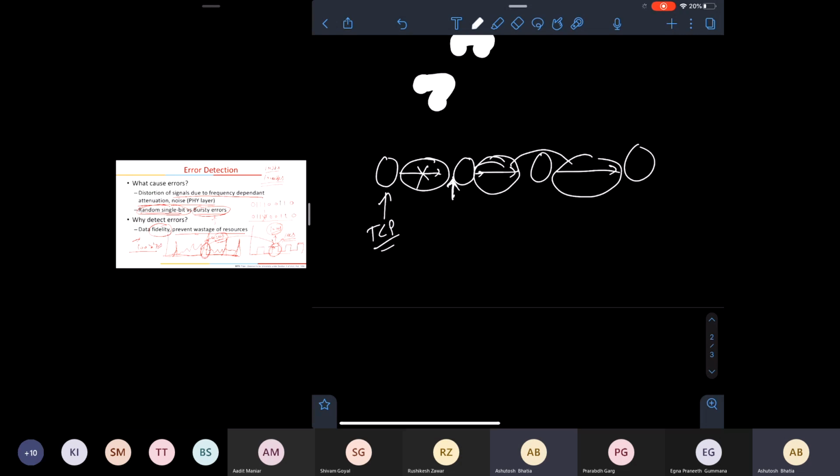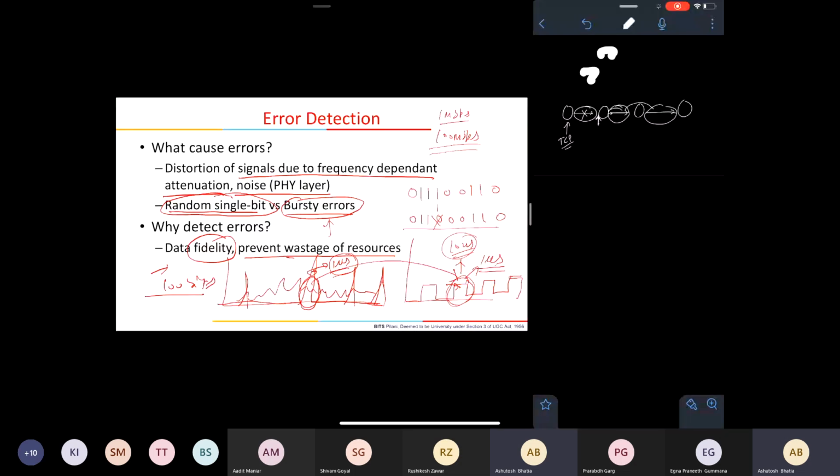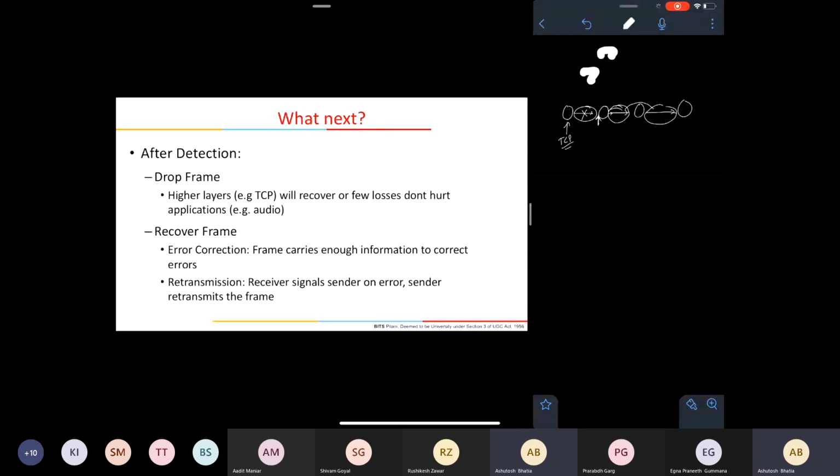So why transmit unnecessarily when you already know that this packet is in error? It also saves your resources. So two reasons: one is that you really want it to be correct, but at the same time you want to save the bandwidth.